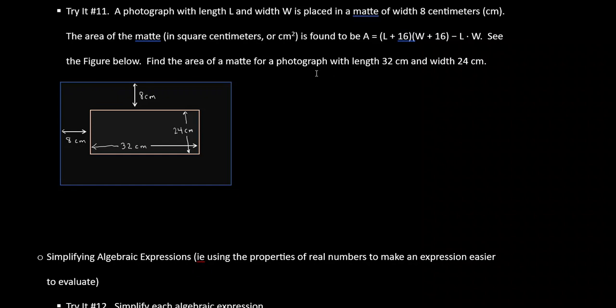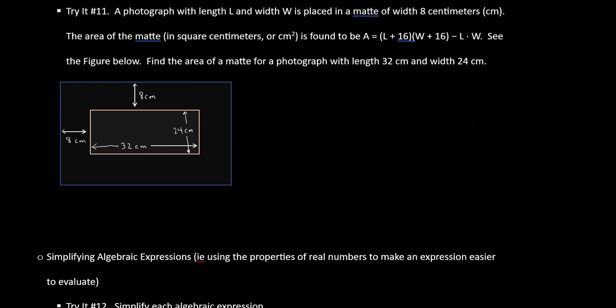Find the area of a mat for a photograph with length 32 centimeters and width 24 centimeters. Sometimes you'd have to set all this up for yourselves, but the problem actually had this written out for you, and you can tell my dimensions are not perfect the way I sized them, but the important thing is just getting a picture if you don't have one in a word problem like this.